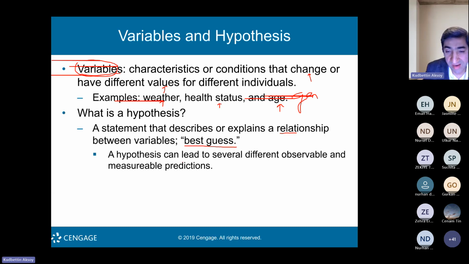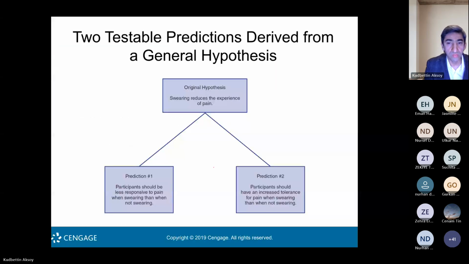A hypothesis can lead to several different observable and measurable predictions. A good research question is the one that opens up to a good research methodology. Now, let's say you have a hypothesis.